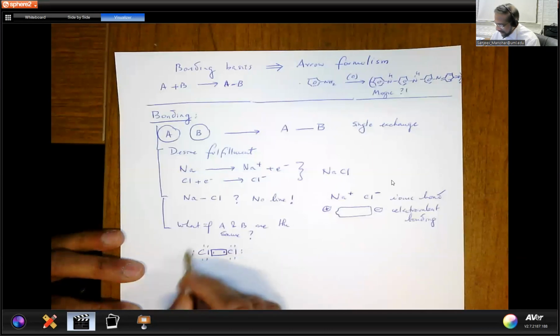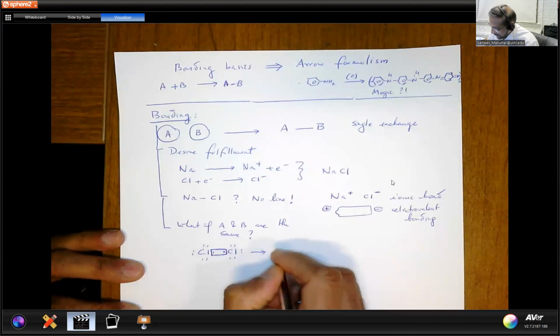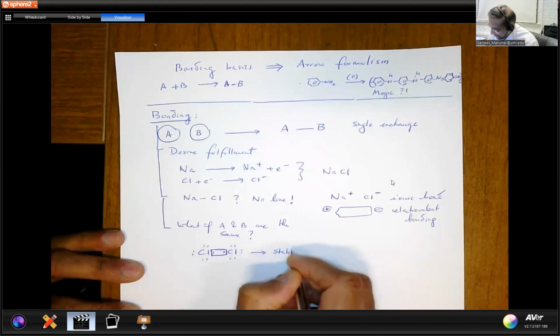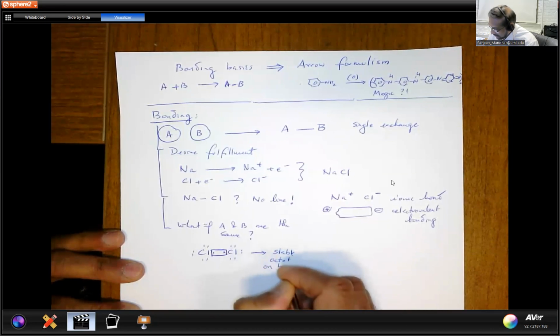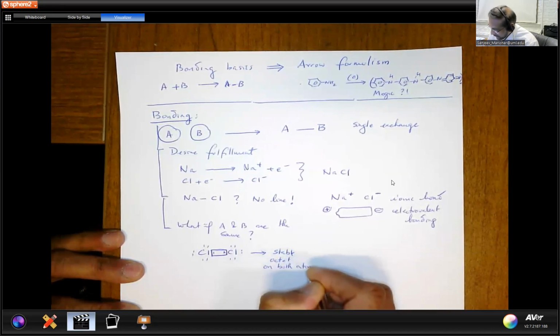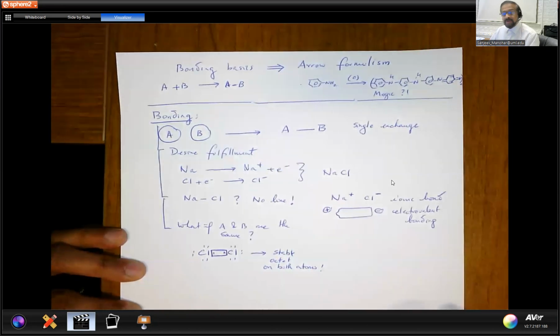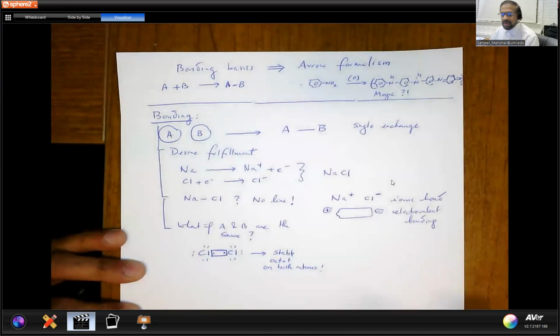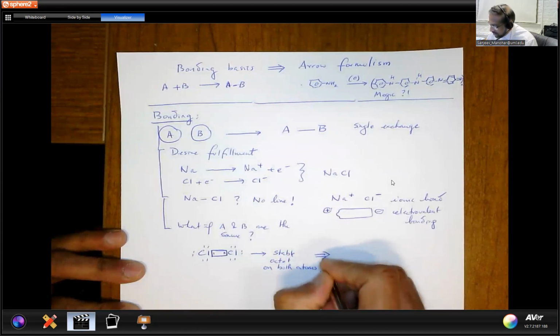There's 8 here and 8 here. So that's an octet. So you can form a stable octet on both atoms. That's a driving force, right? Even though they don't want to give off electrons, if they share electrons, this is a true sharing, right?